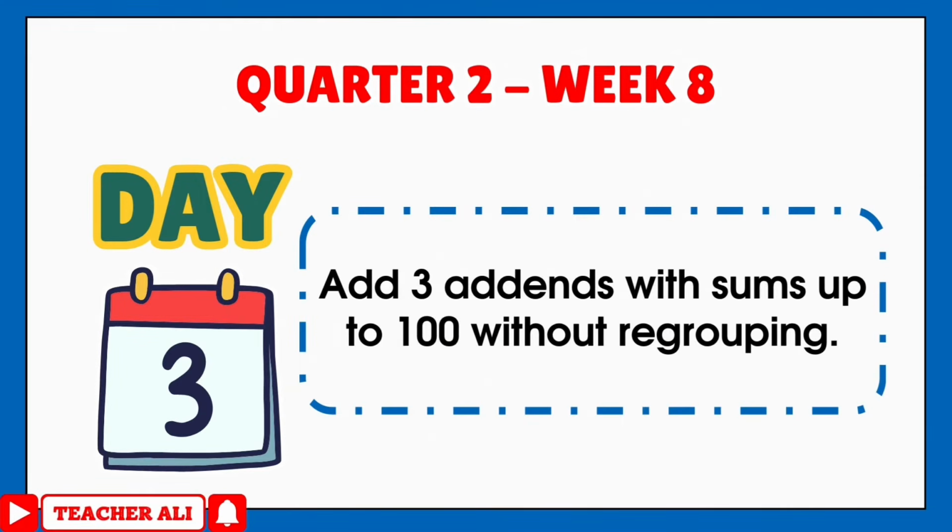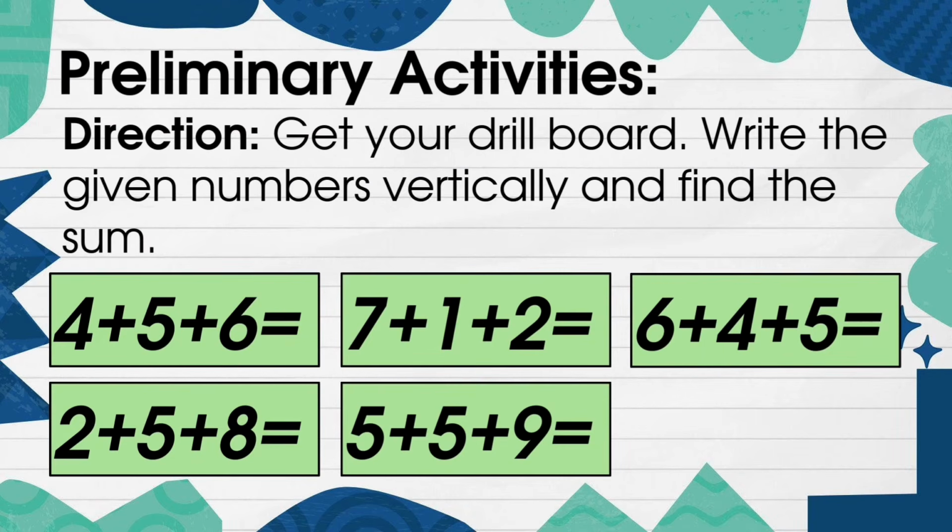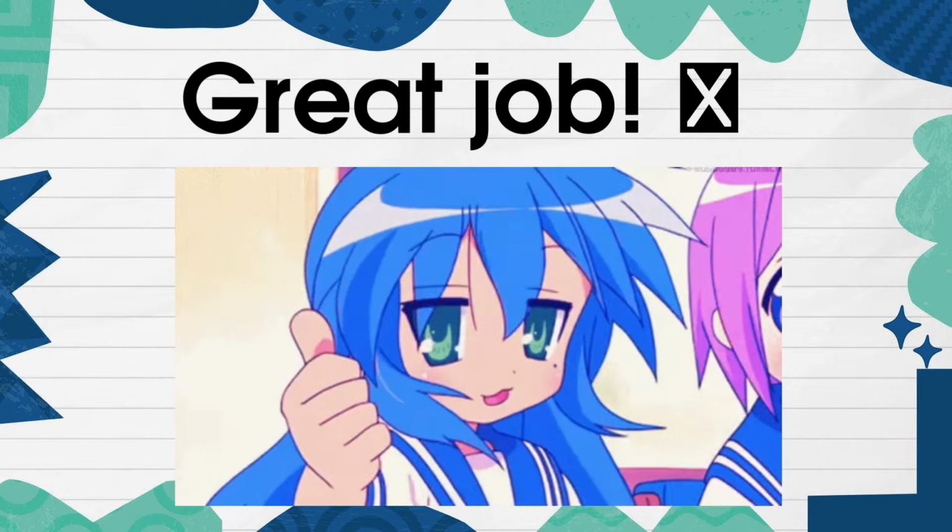Day 3. Add 3 addends with sum up to 100 without regrouping. Get your drill board, write the given numbers vertically and find the sum. Great job!